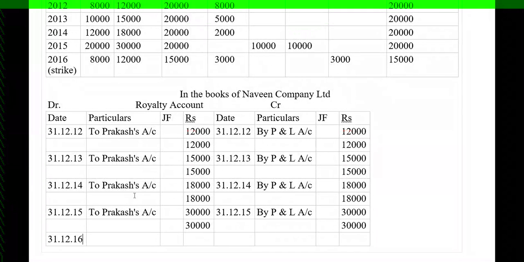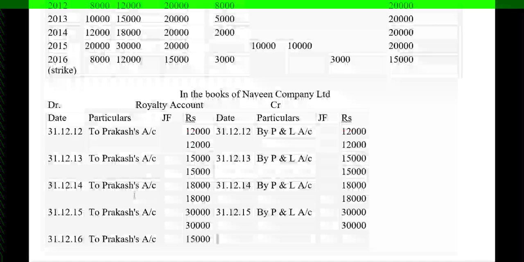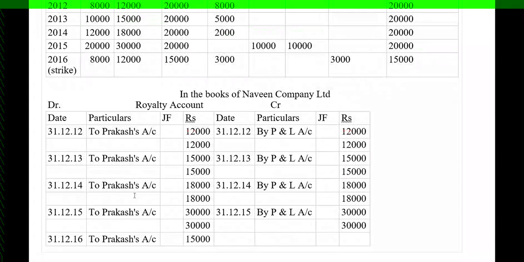31st 12/2016, when the royalty is payable, then the entry will be royalty account debited to Prakash's account. So that comes to 15,000. So on 31st 12/2016, when this royalty is transferred to P&L account, then the entry will be profit and loss account debit to royalty account.